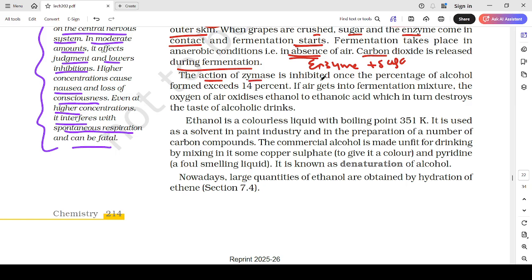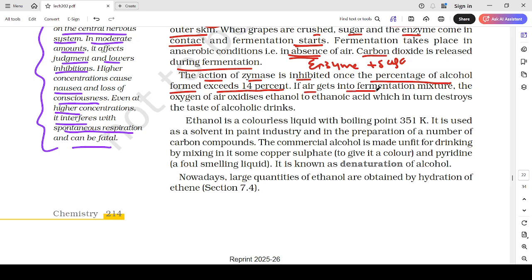The action of zymase is inhibited once the percentage of alcohol formed exceeds 14%. So zymase is acting on it, converting glucose into ethanol. This gets stopped, inhibited, when the percentage of alcohol formed exceeds 14 percent.